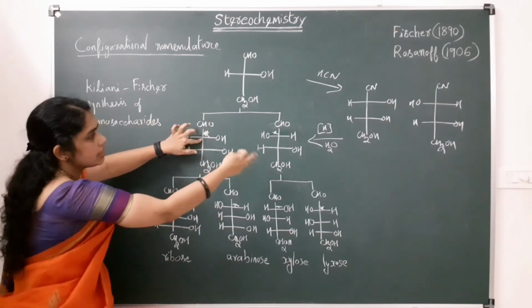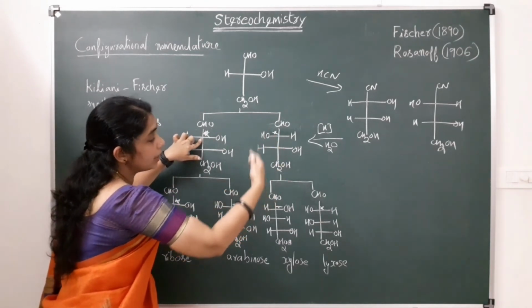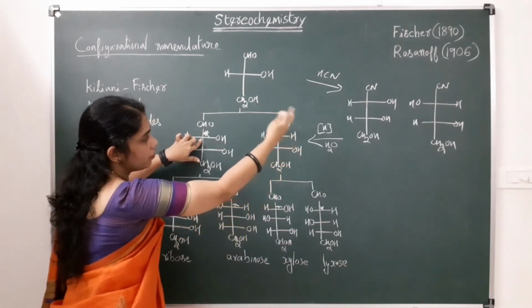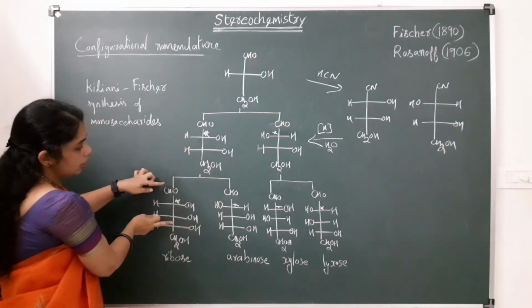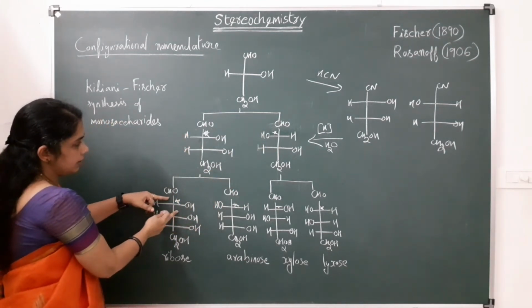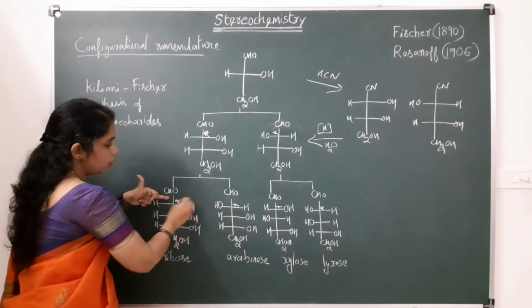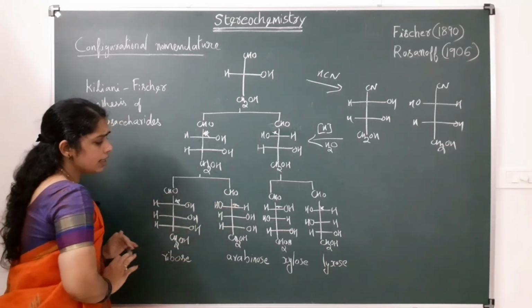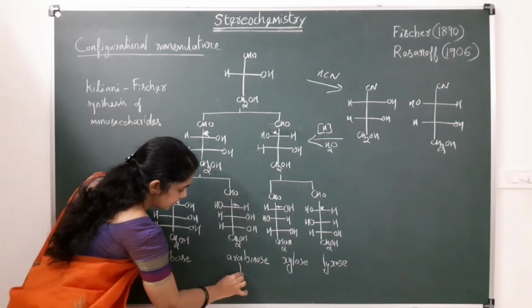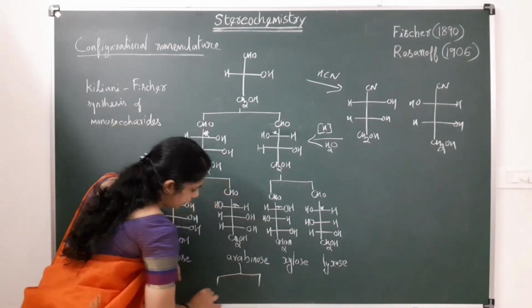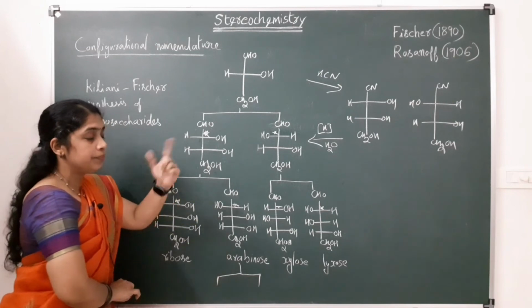And we can continue this step again, that is, reaction with hydrogen cyanide followed by these steps will create another new center here. All others are the same. From this arabinose we can generate glucose in the next series, which I didn't show here.